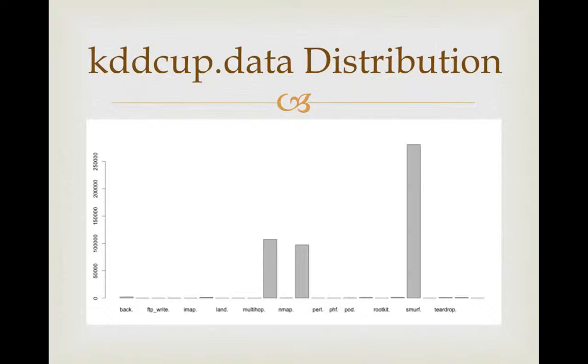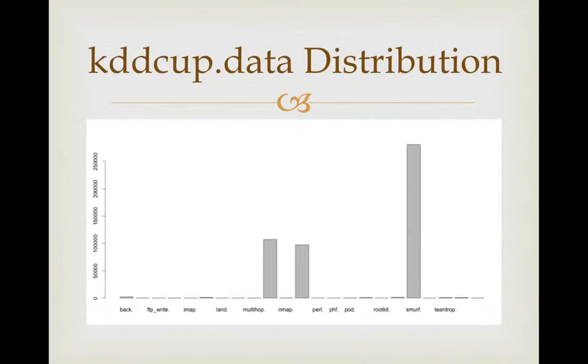So I did some research on the training data, and you can see that the distribution is very sparse. Only three types of attacks form the major part of the data set.